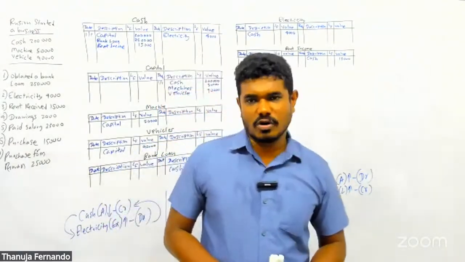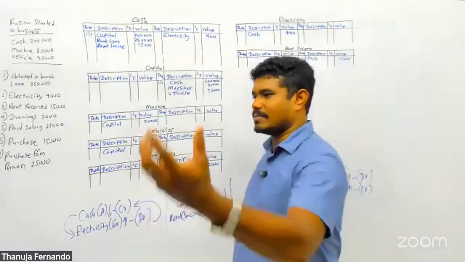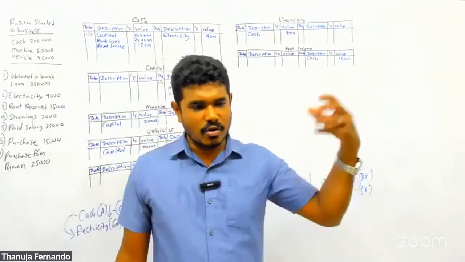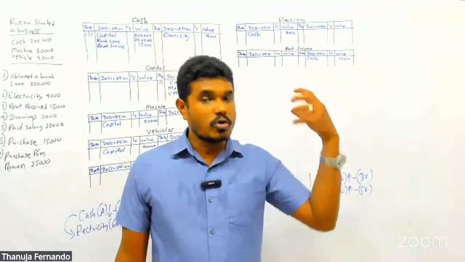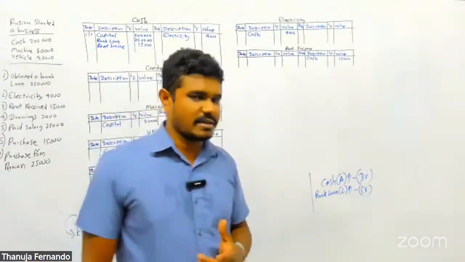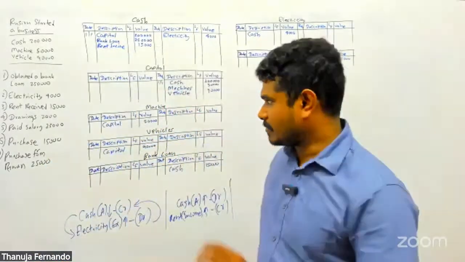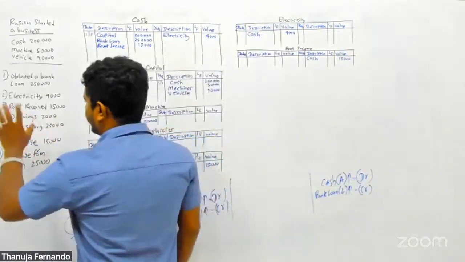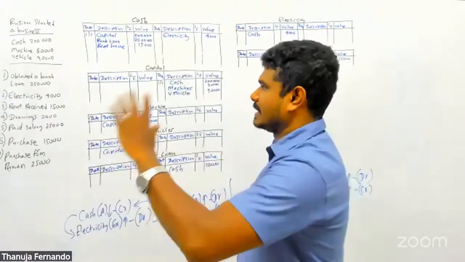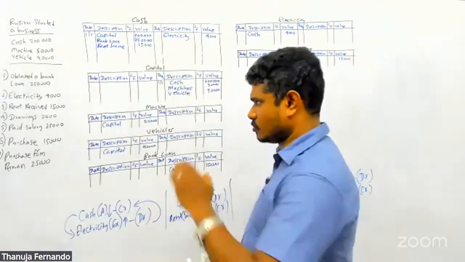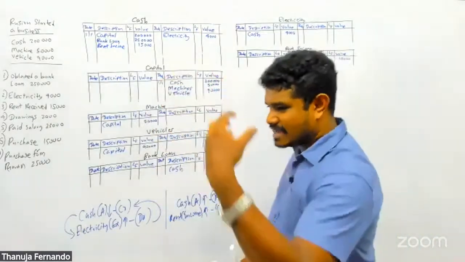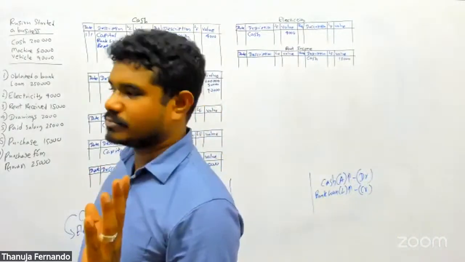So owners draw sometimes cash for personal consumption from the business, and on the other hand, the owners draw goods from the business for their personal consumption. If they have just mentioned only drawings without any adjective, then it is a cash drawing. So just drawing means it is a cash drawing. It means owner has taken cash from the business for personal consumption.